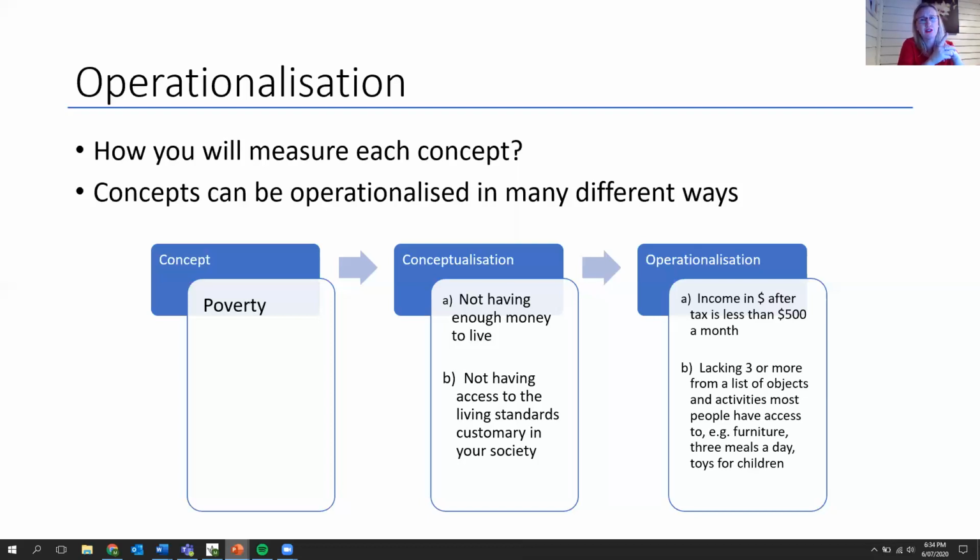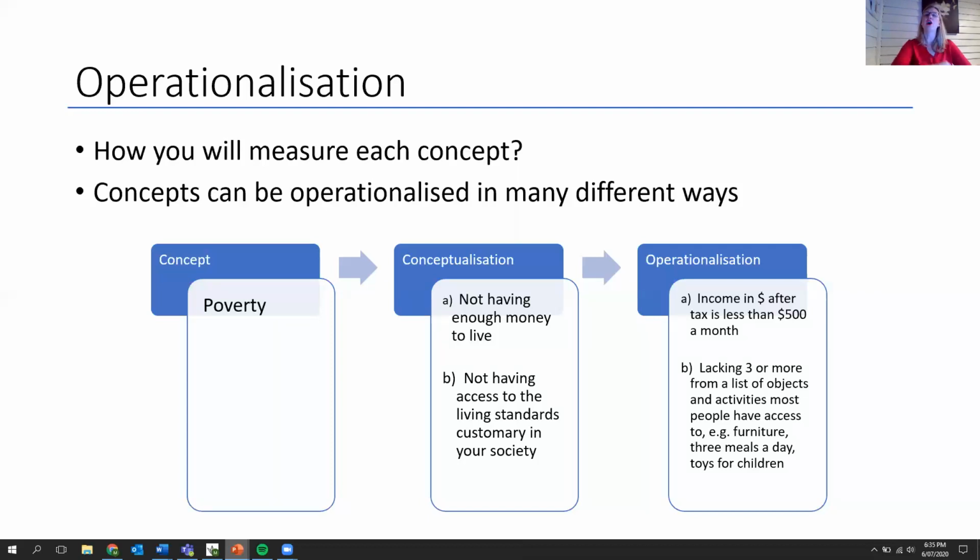If that's less than $500 a month, they're below the poverty line. Okay, but again, I think there are plenty of single parents, university students, graduate students, young people out there who might fit that definition. But if I go back to my other conceptual definition, maybe not.